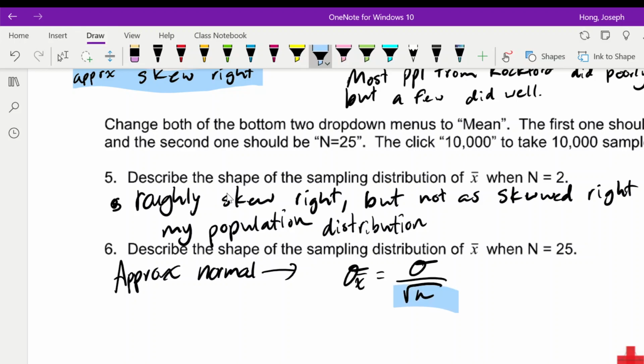So if n gets bigger, the denominator gets bigger, then the standard deviation is going to get smaller.